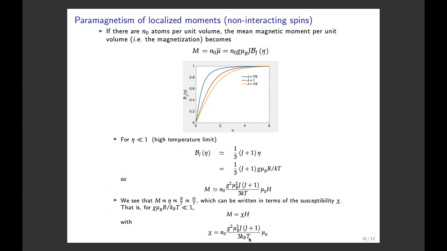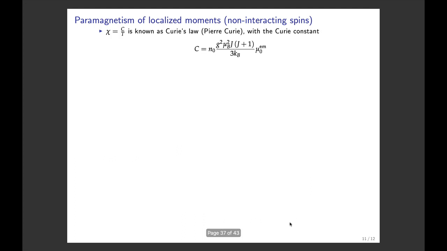And this temperature dependence of the susceptibility you may have seen before, it's known as Curie's law, when the susceptibility goes like some constant C over T, named after Pierre Curie. And this Curie constant we've derived here.